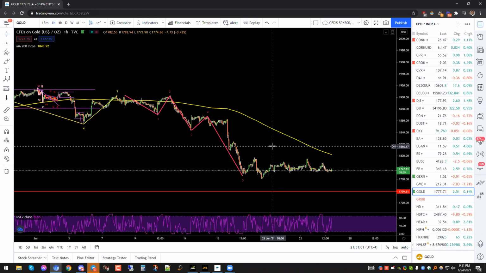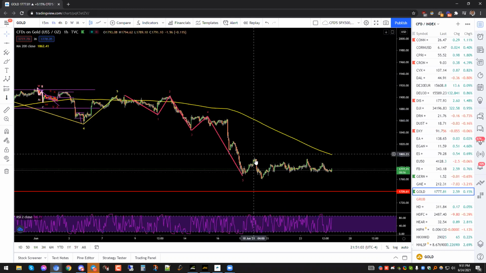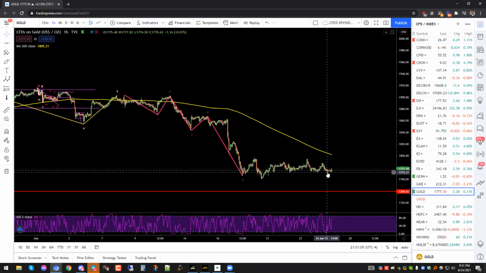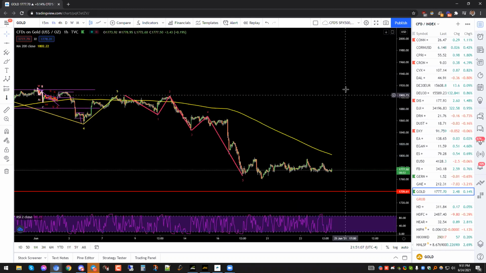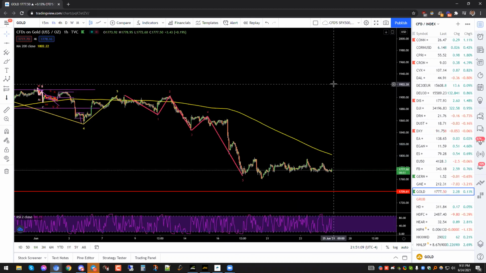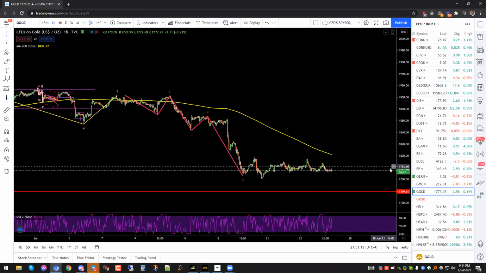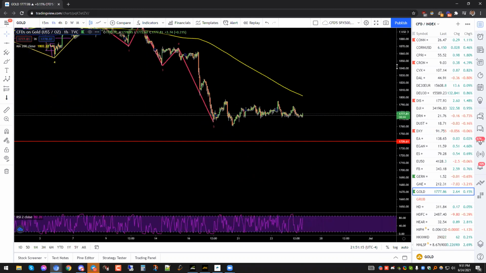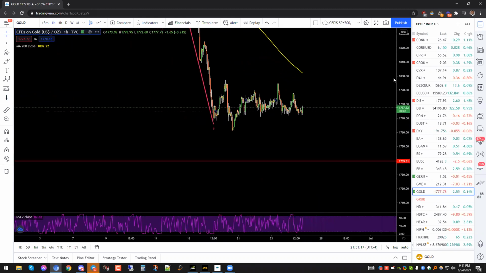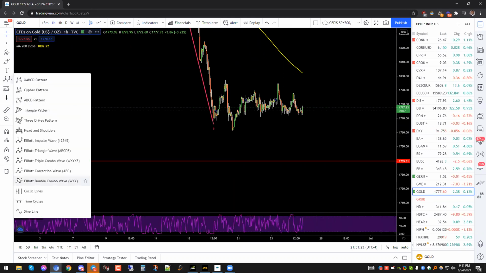So I'd expect some sort of complex formation and then it just works its way back to the upside slowly. Okay, so let's see, what can we potentially be getting here? All right, let me see if I can outline as many waves as possible.